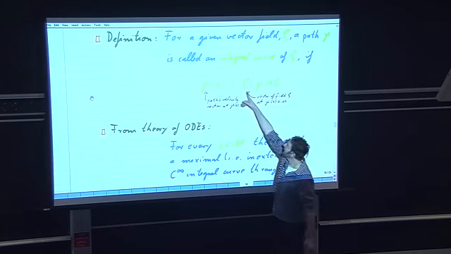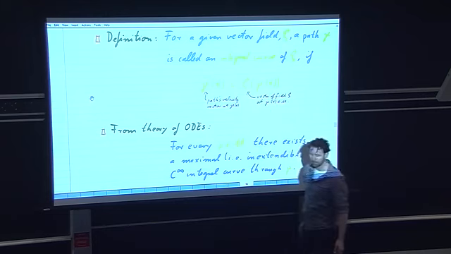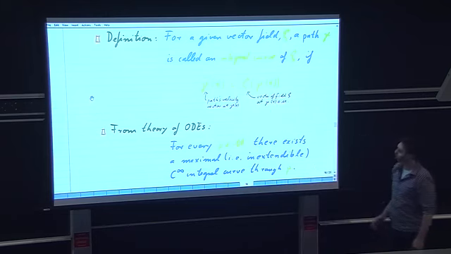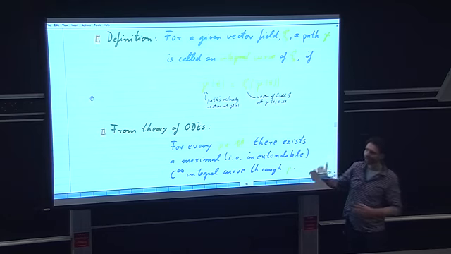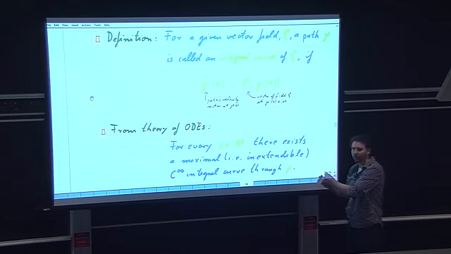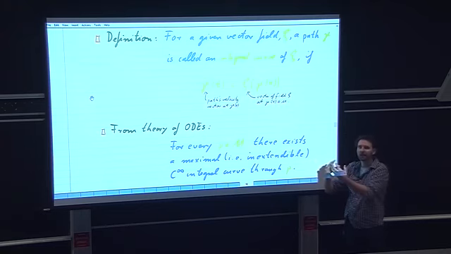is actually the vector field at that point. So you have a vector field in space, you have a path, and the tangent vector to the path at every point of the path is actually agreeing with what the vector field does at that point.